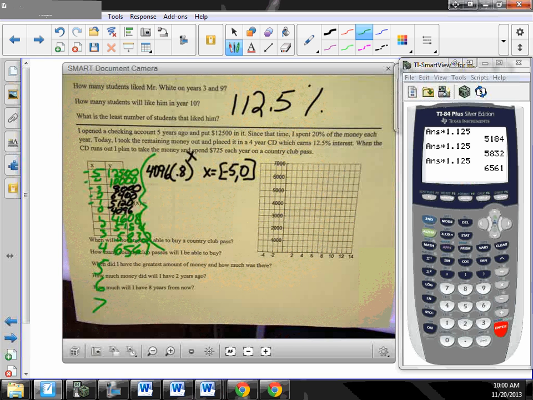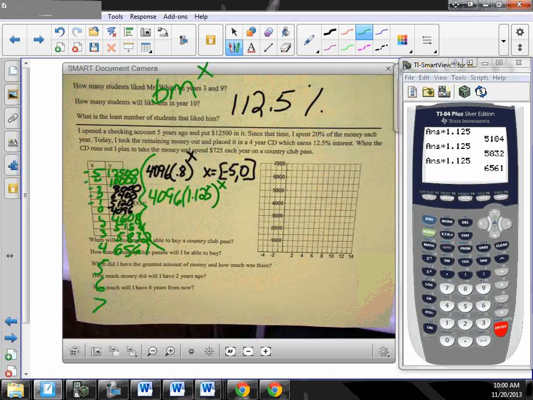So, have we forgotten how to do this? So we're trying to find b times m to the x. B is year 0. Do I know year 0? 4096. So 4096 times 1.125 to the x.